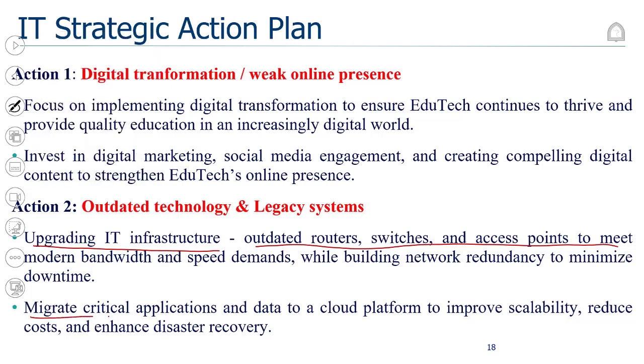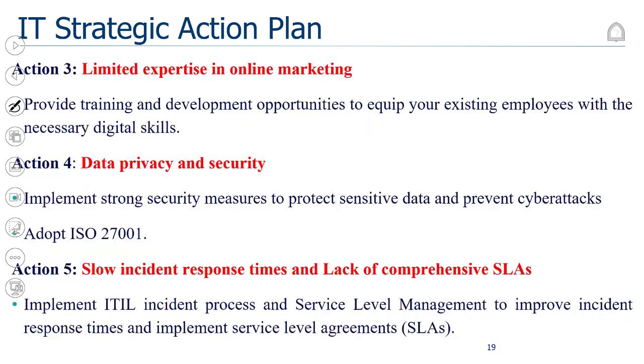It's you as the IT guy who's going to tell them what to do. You look at the pros and cons. You can choose to do nothing, or you can choose to either upgrade or migrate to the cloud, depending on which one is feasible in terms of financial, technical expertise and everything else. You choose the best action that you're going to do.